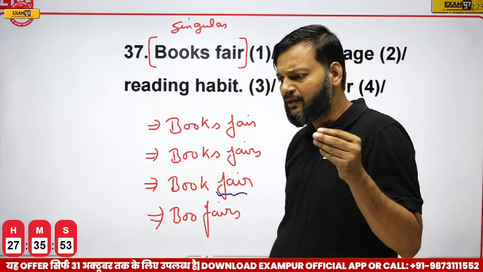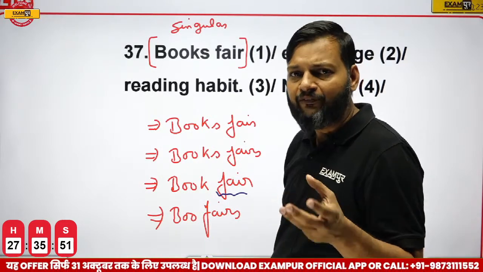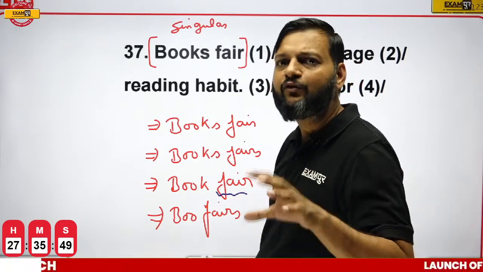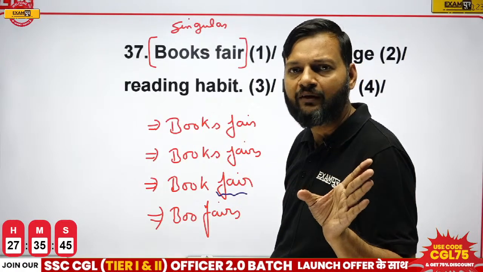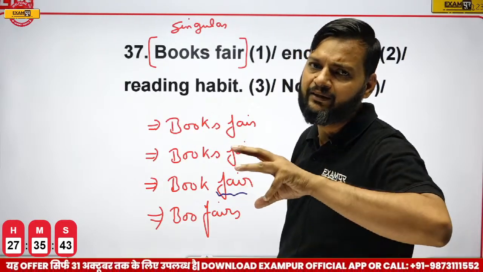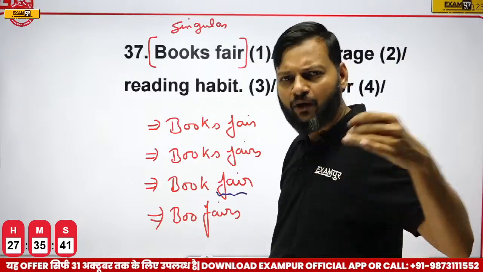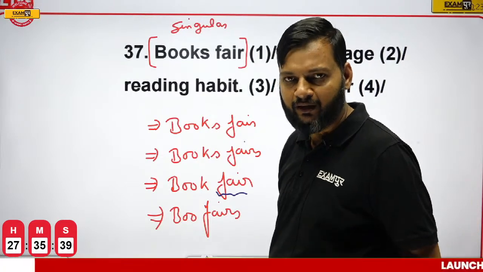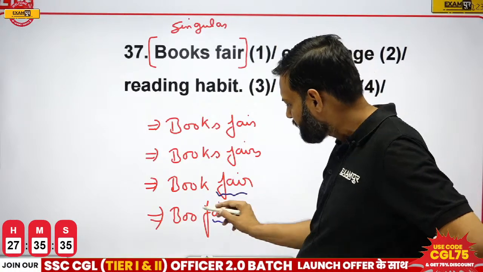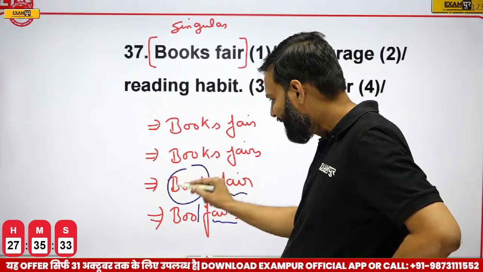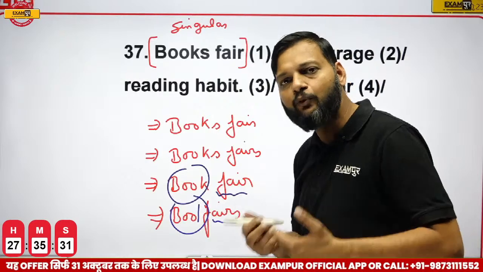It is impossible that a fair for books has only one book. If it is a fair, there have to be hundreds and thousands of books, right? So if we are talking about fair or fairs, book cannot be singular, it has to be plural.